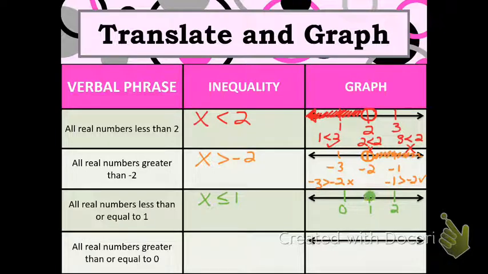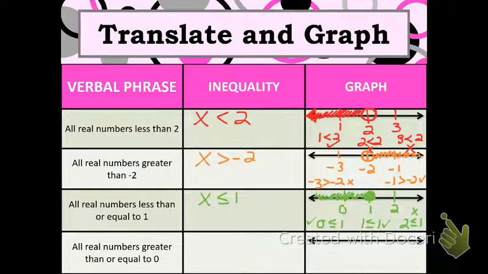So I color in this boundary point, and that's because this is true. If I plug in a 1 for x, 1 is less than or equal to 1, that's a true statement. If I were to plug in the 2, 2 is less than or equal to 1, that's false, so I'm not going to shade the side with the 2. And if I plug in a 0, 0 is less than or equal to 1. That's a true statement. So I will shade on the side of the number line that has the 0.